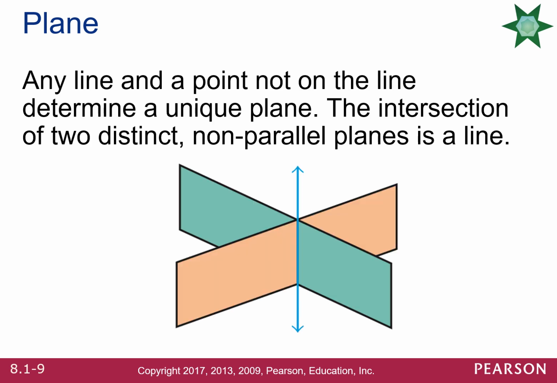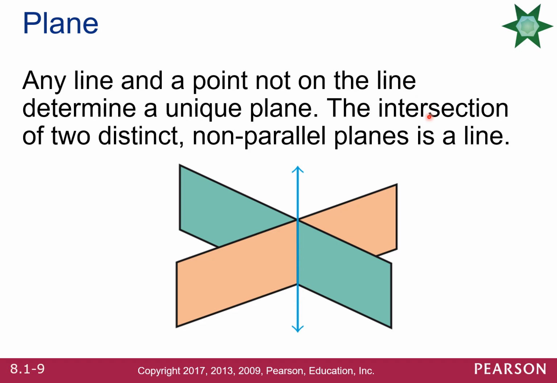Now, a couple of other things about planes that we need to know is any line and a point not on that line determine a unique plane. Another thing is the intersection of two distinct non-parallel planes is a line. So here we have a figure showing two planes. The one is a beige rectangle and the other one is the greenish rectangle, and we see that they meet at a certain portion. They have not just a point of intersection, but several points of intersection that can be connected by a straight line.